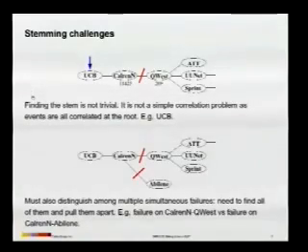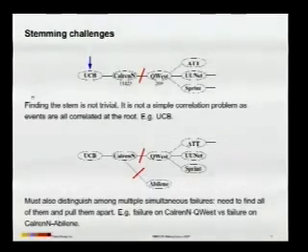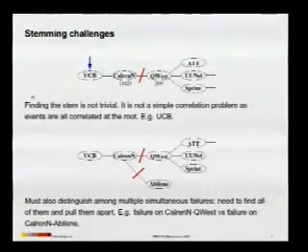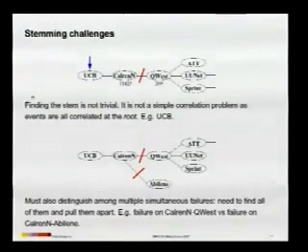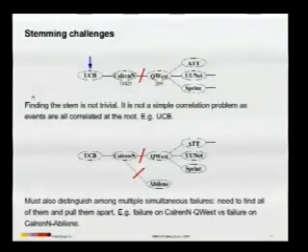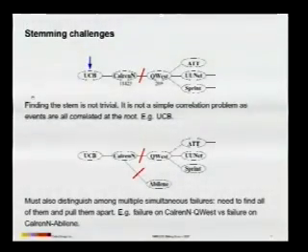Finding the stem itself has some complicating features. We can't just do a simple correlation of all the events and see what the biggest correlation is, because all events would be correlated at the root. Everything would come from the beginning of the AS path. Like in this example, everything would be coming from Berkeley.